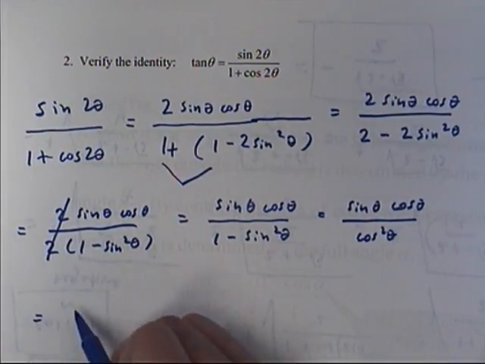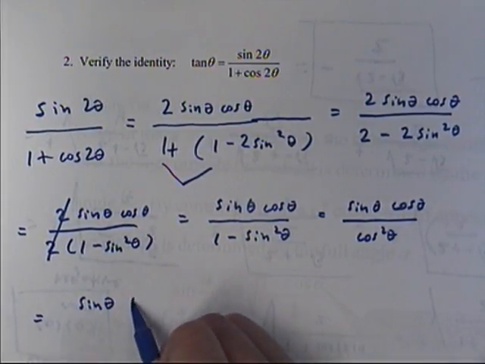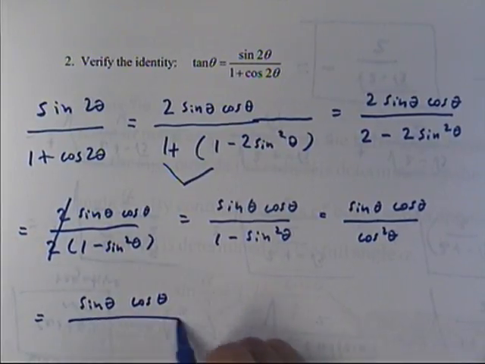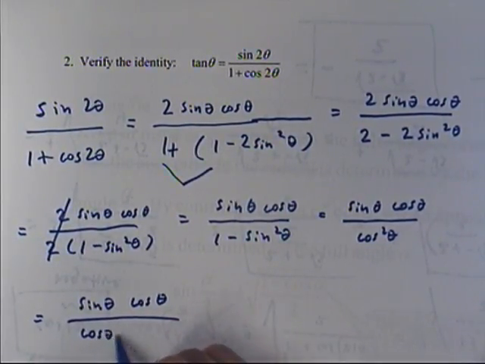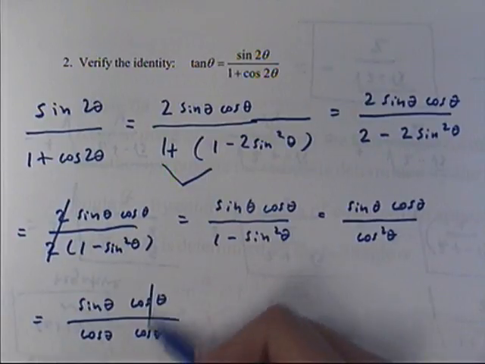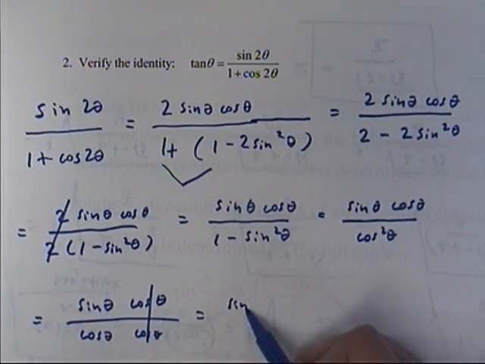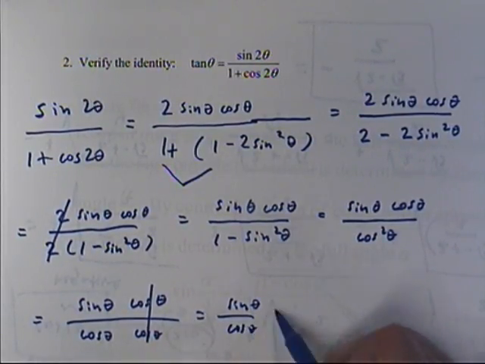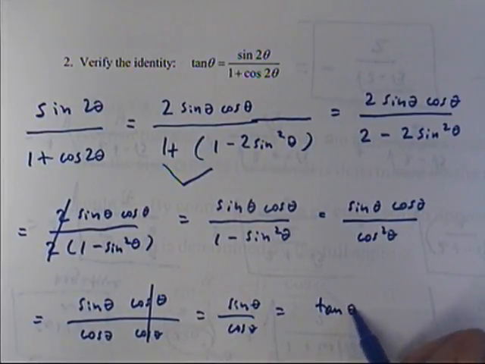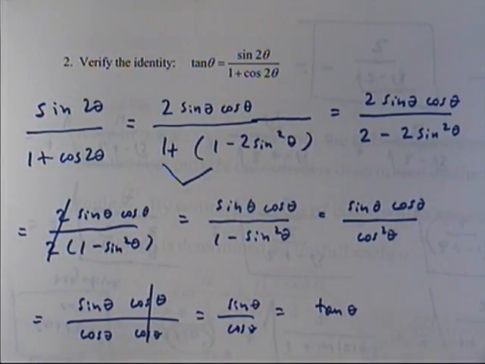And cosine squared is just cosine times cosine if you write it in expanded form. So that's what I'm going to do right now. Cosine squared is cosine times cosine. And then obviously cosines cancel, which just gives you sine over cosine. And sine over cosine is known as tangent. And we've proven the identity.